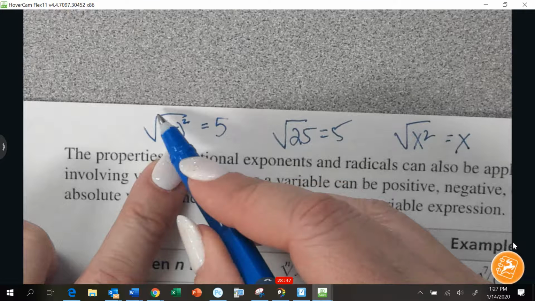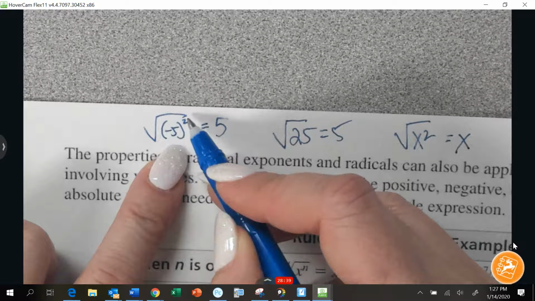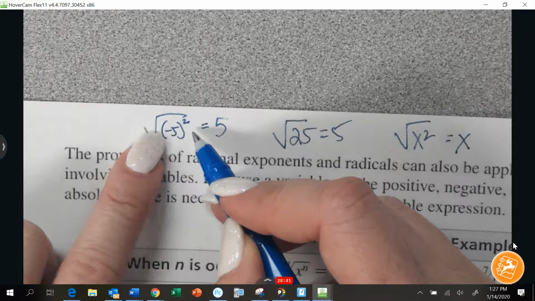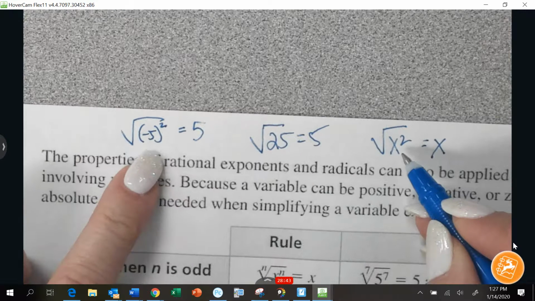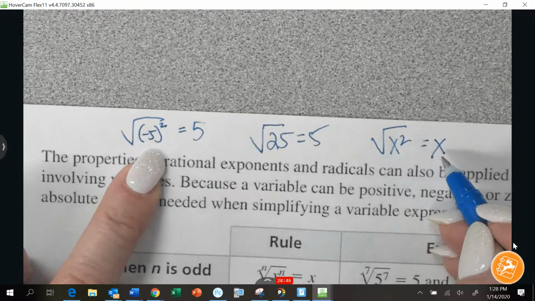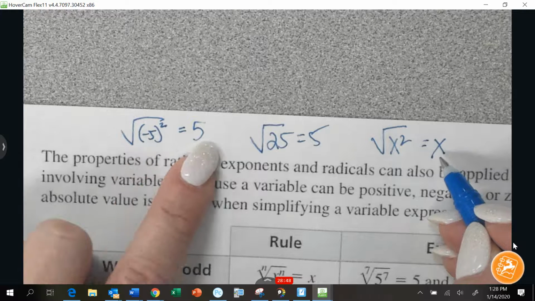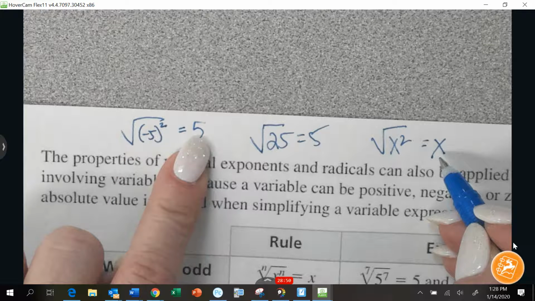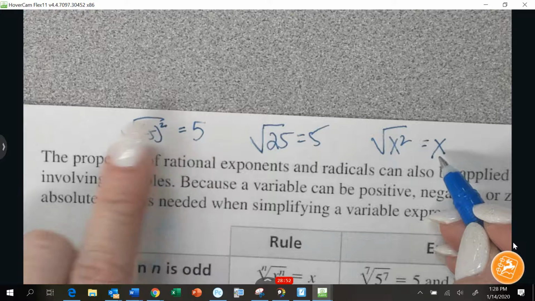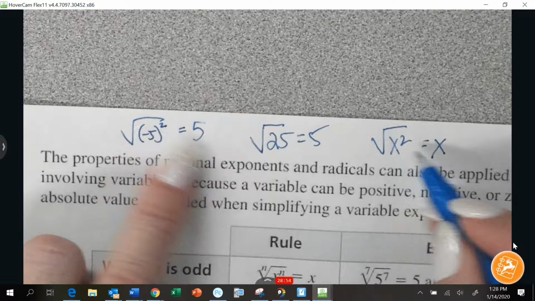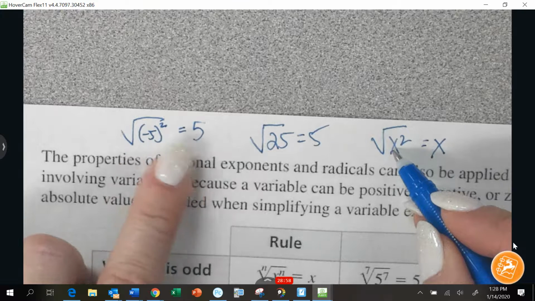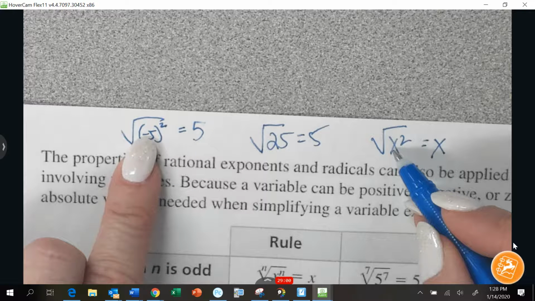You can't just simply undo. But because of this whole situation, you'll see that if I had this here, it does not tell me that the answer would only be 5. So I'm comparing these two. Okay? This one tells me the answer is 5. I can see it even though I know my original number that I squared was negative 5.